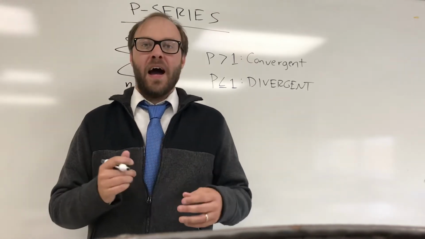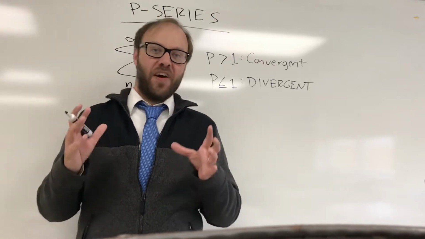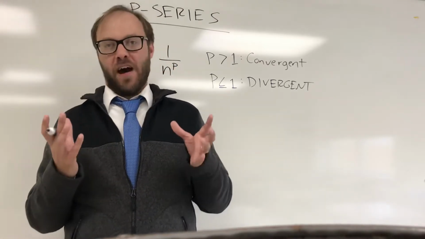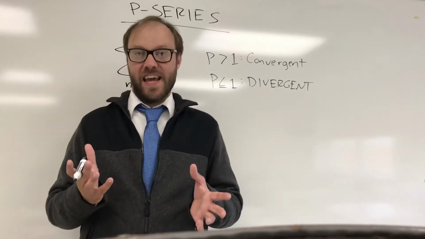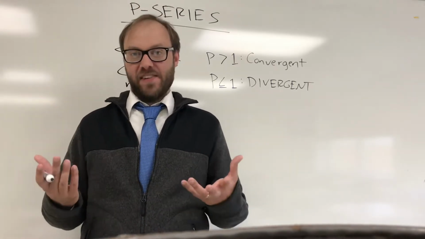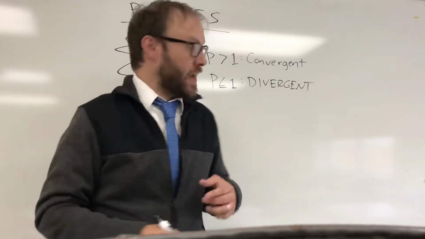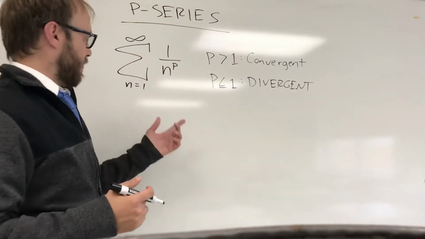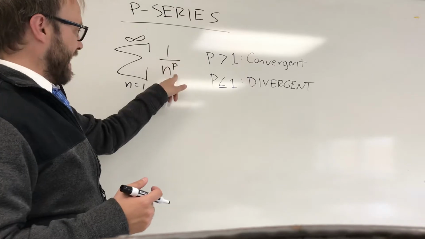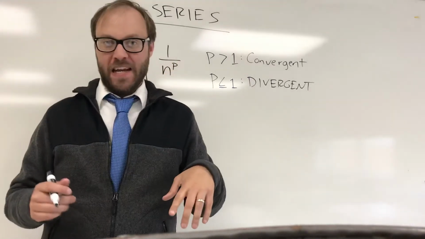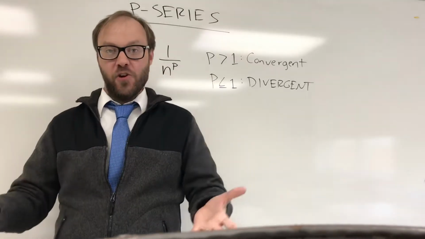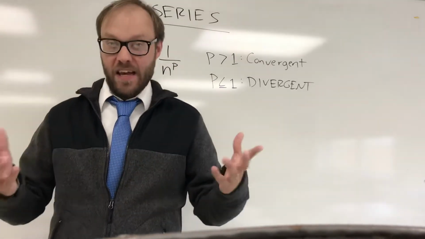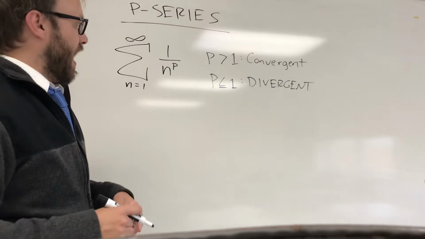So p-series are a very, very recognizable type of series, and it's very easy to tell if a series converges if you can identify that it's a p-series, okay? So here's the deal. P-series are always going to be of the form 1 over n to the p power. So that might be 1 over n squared, 1 over n cubed, technically 1 over n is an example of a p-series.